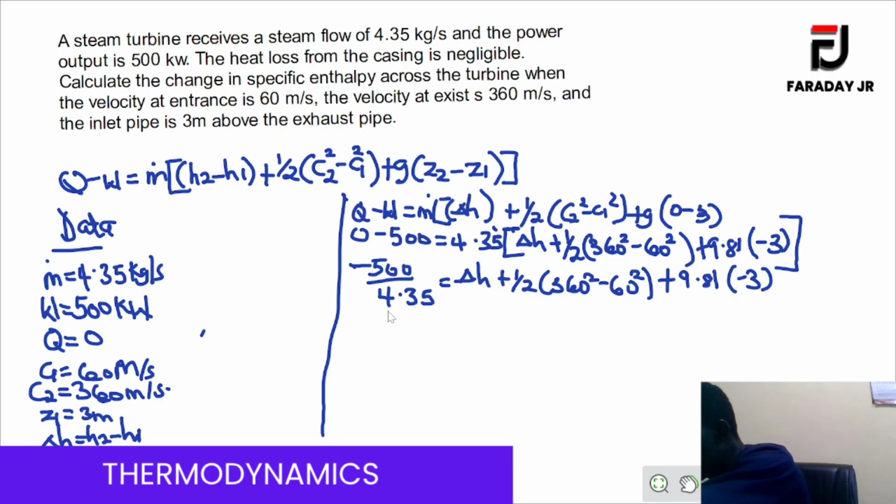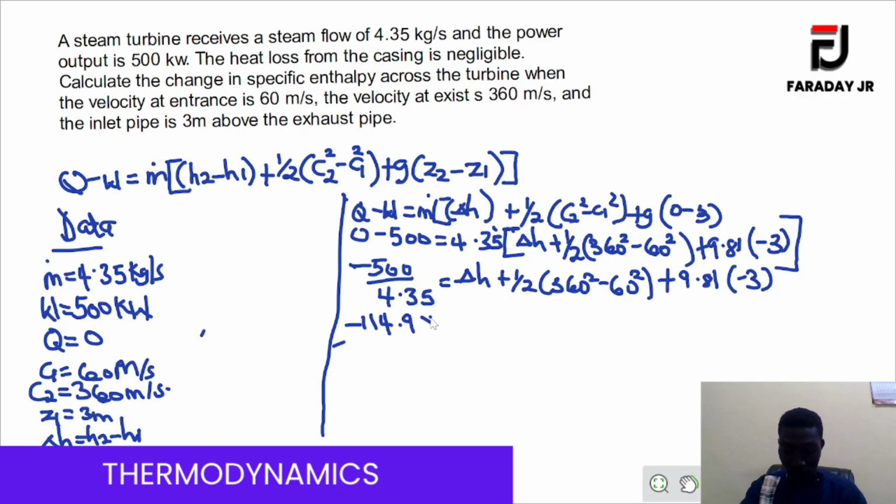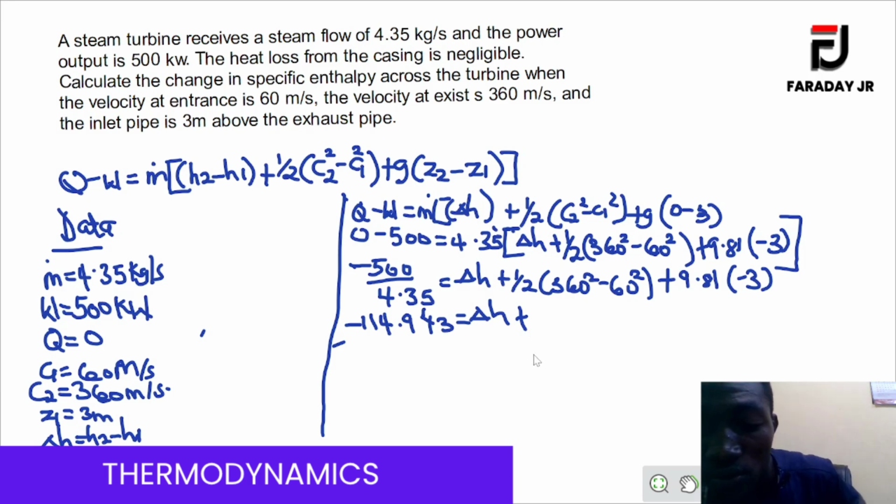If you divide this by this, you're now going to have minus 114.943, which is equal to change in H plus, for the kinetic term, 63.